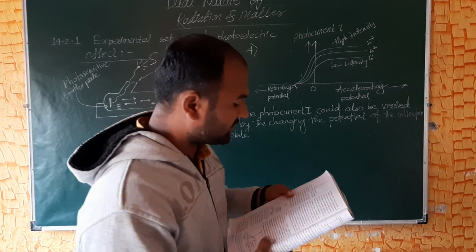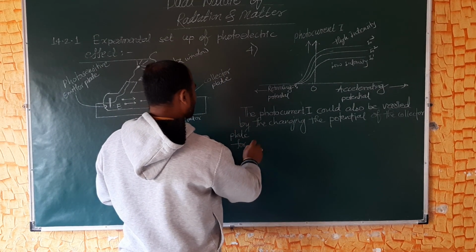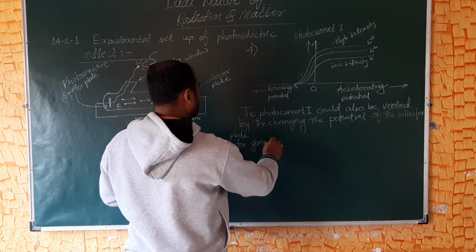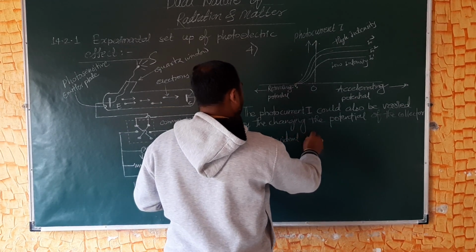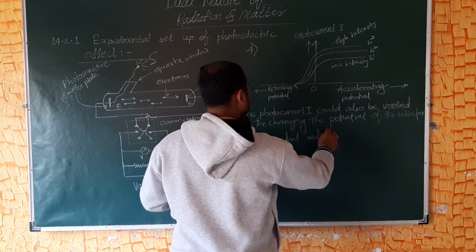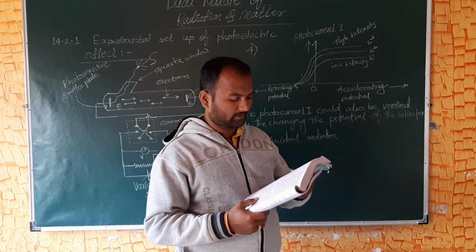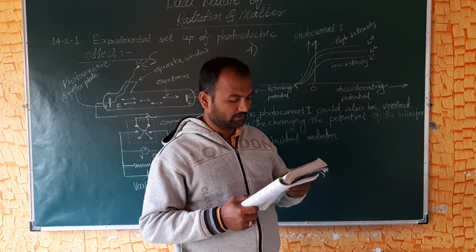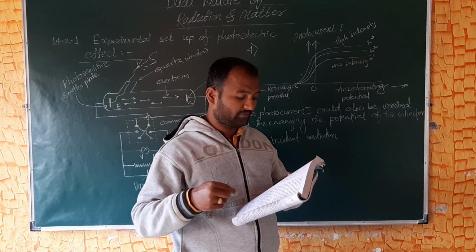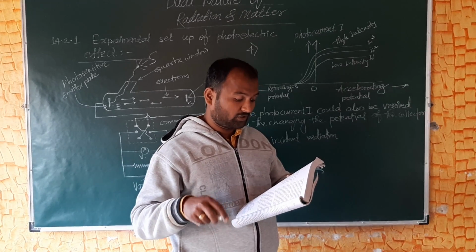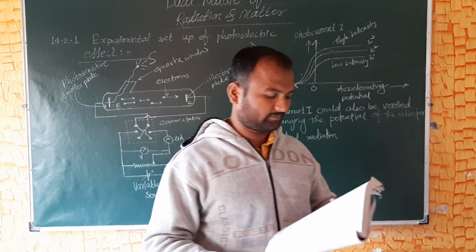So for given incident radiation, intensity and frequency were fixed. So initially the current increased with voltage, but then it remained constant.